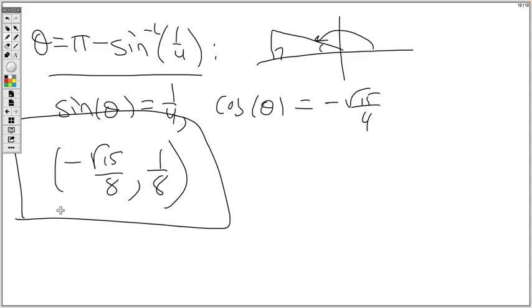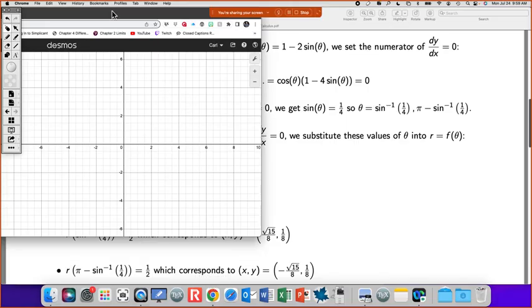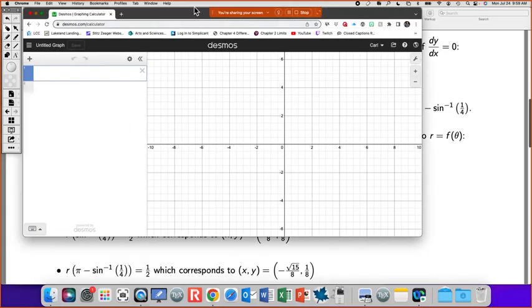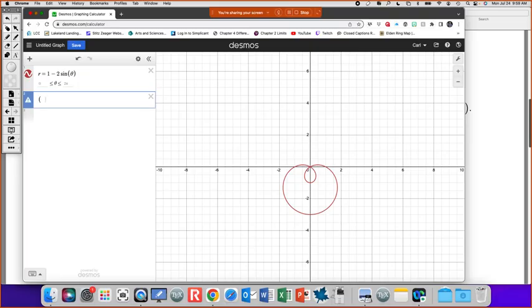Of course, what's the ultimate check here? Fire up Desmos, regraph this curve, put in those points, and we should see that the curve is locally flat. So let's do that. Once again, if you type in r's and thetas, it automatically will convert it to polar for you. There we go. We put in our points here. What were all the points we got?